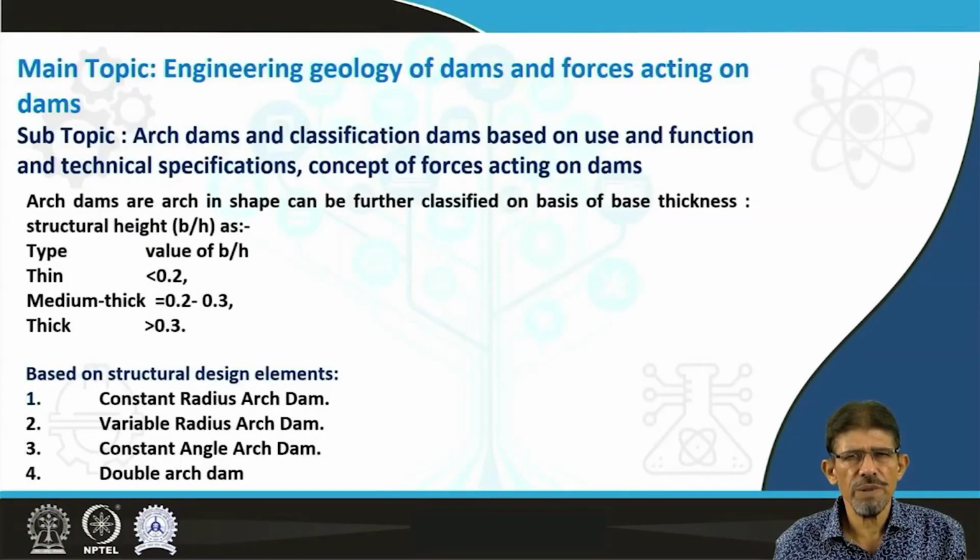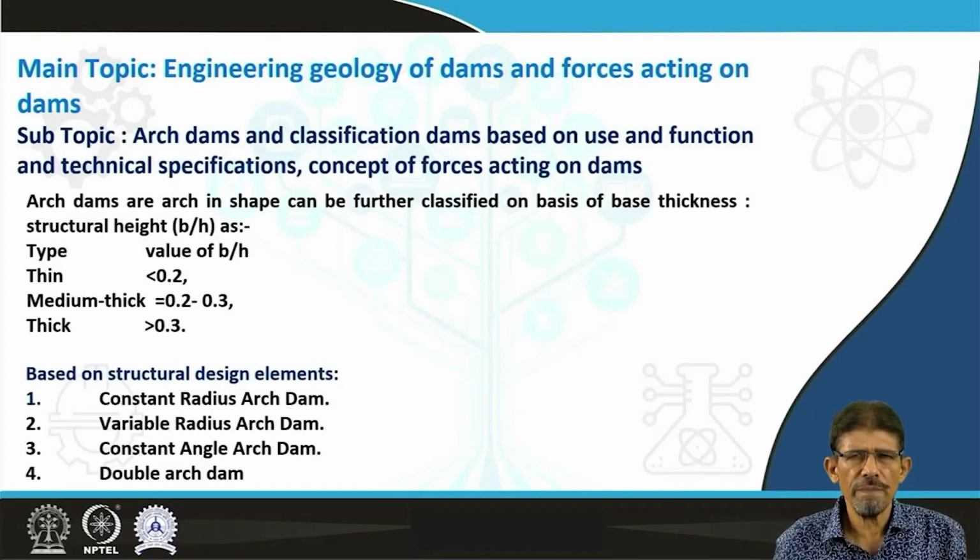Friends, in previous discussions, we have already discussed arch dam and some classification related aspects of arch dam. If we divide arch dam based on thickness of base, that is the base width, and structural height, then we can divide arch dam in three broad categories.